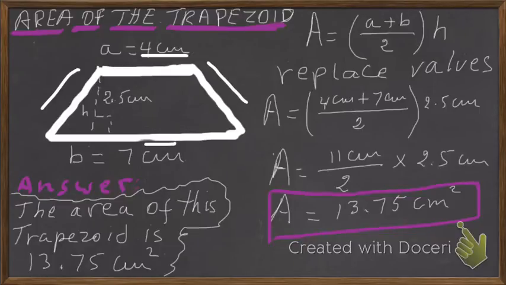So this one and this one are parallel. The shortest of the parallel sides is called side A, and the base, the longest side, is represented by B.